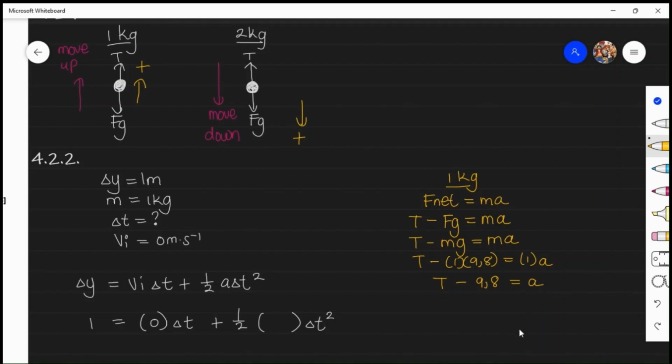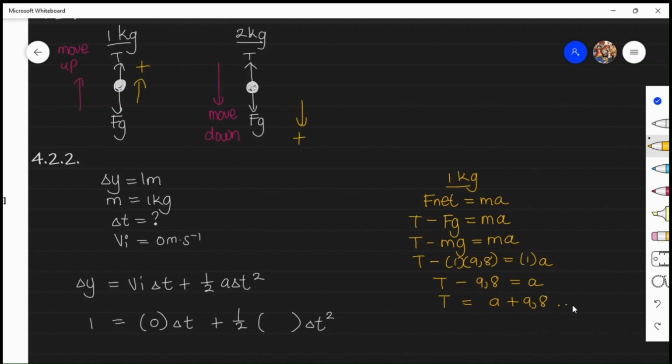Now keep in mind, I am trying to solve for acceleration, which means that I need to use the other variable as my subject. That is the rule that we previously used. So I'm finding acceleration, so I'm going to make tension my subject. So when I equate my equations, tension will fall away and I will only be left with acceleration.